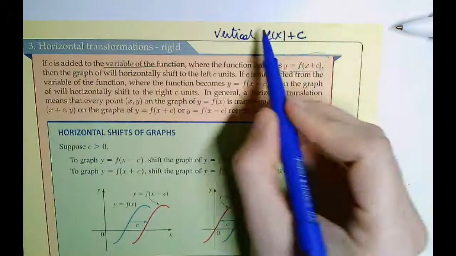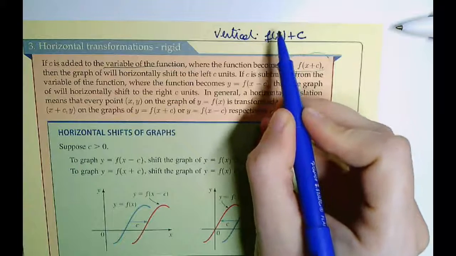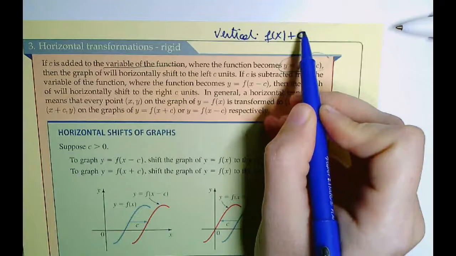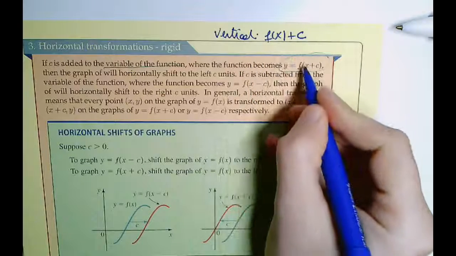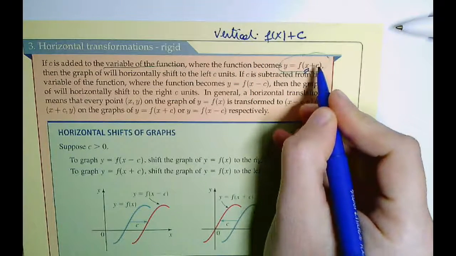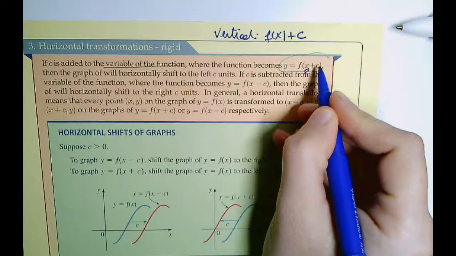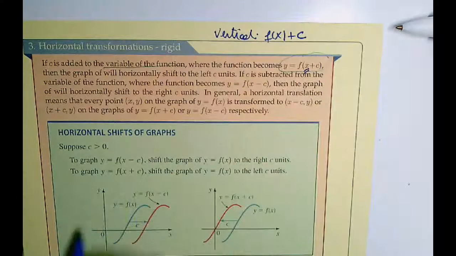Remember that f of x is the y, so it was the y value that got c. That's vertically. Now horizontally, it's the x value that is going to get moved. It's going to be moved to the left or to the right.